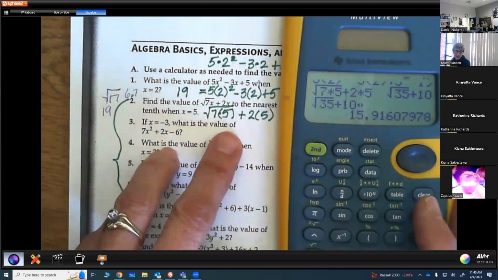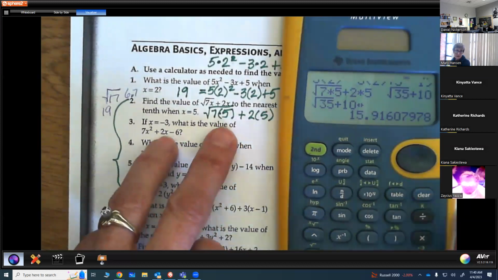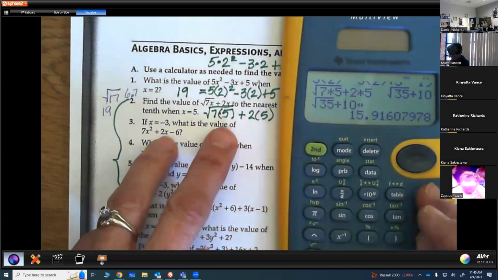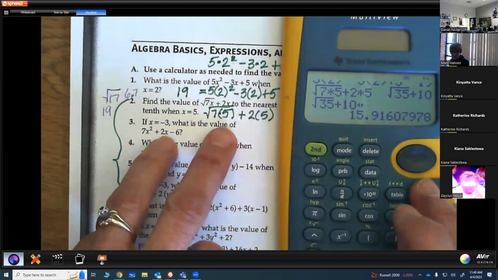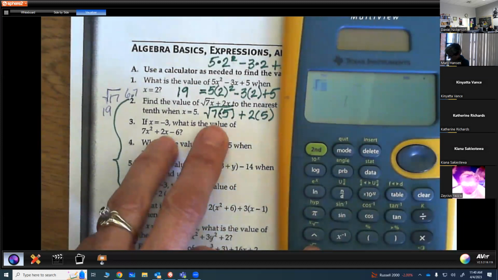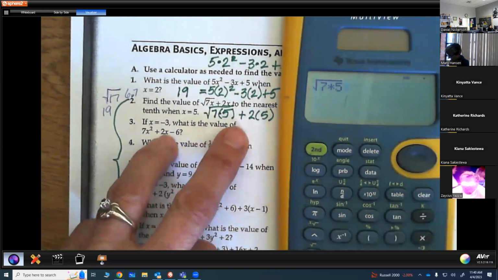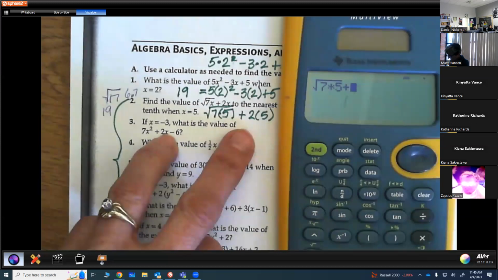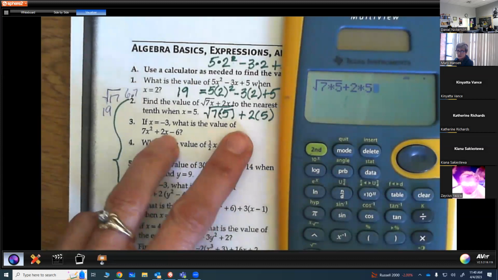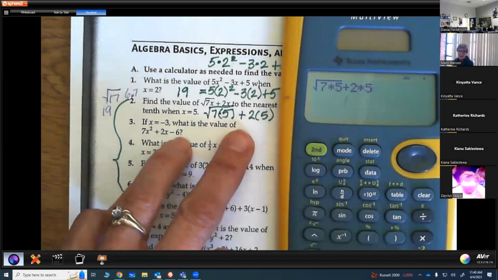So if you didn't get that answer, you probably, of course, have done other problems, so it's missing. But let me put this in again. Why don't you try inputting it again if you didn't get that answer, to see if you can find where you may have made a mistake.